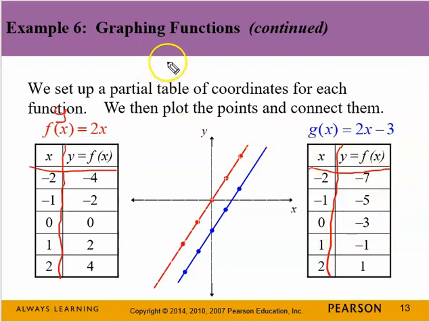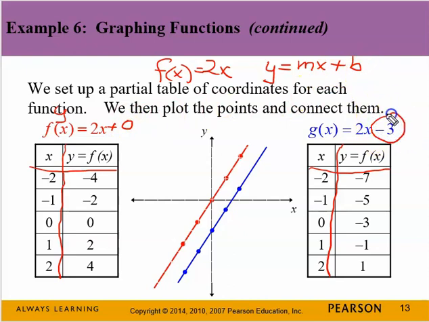Well, keeping in mind that this function notation is actually in slope-intercept form, where we have y equals mx plus b, relating it to a previous lesson. Now here, there is no b value, so our b value is actually 0, while here our b value is a -3. And we said our b value was the y-intercept.